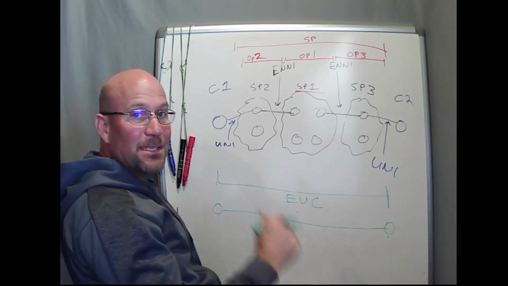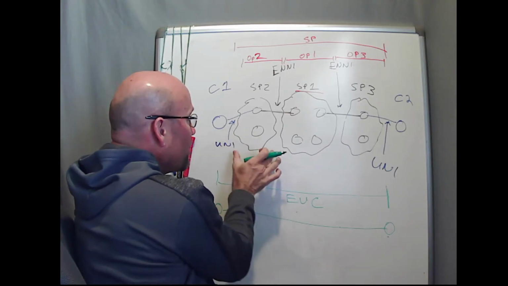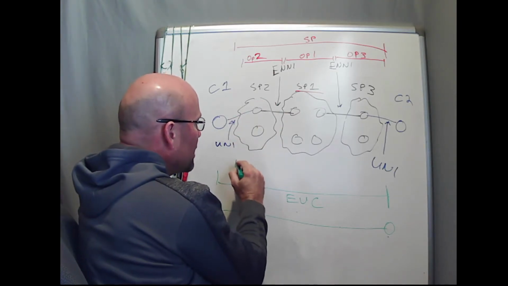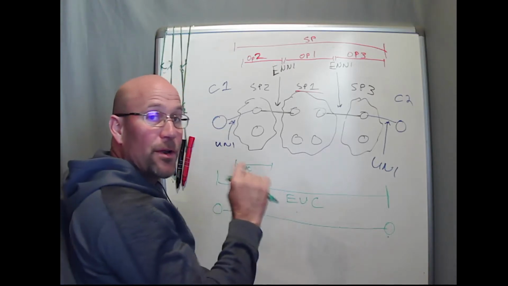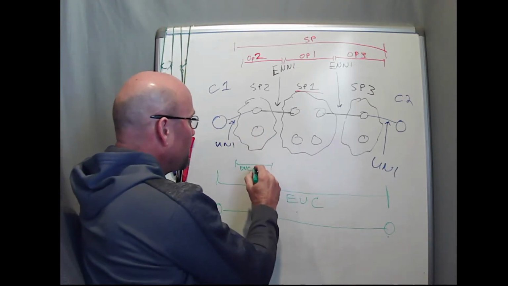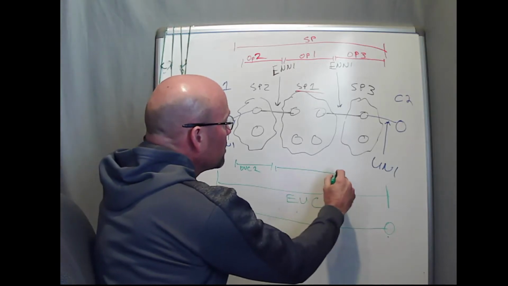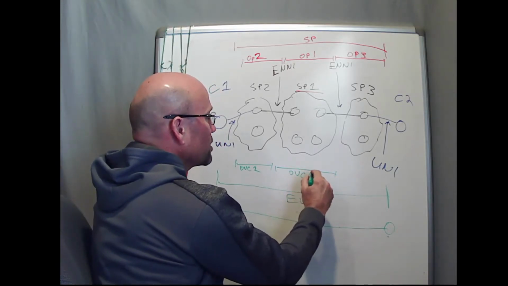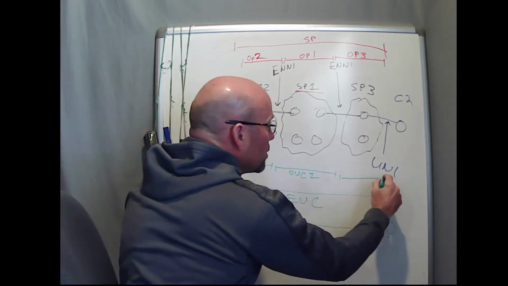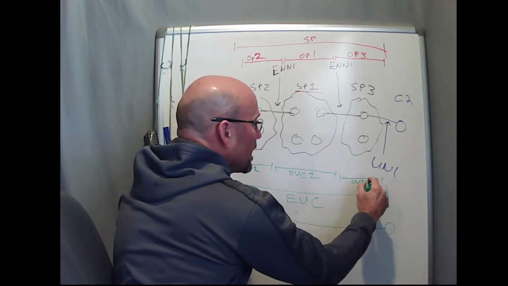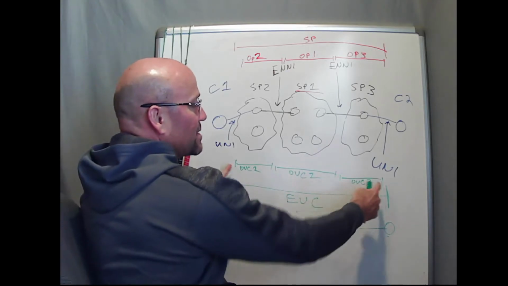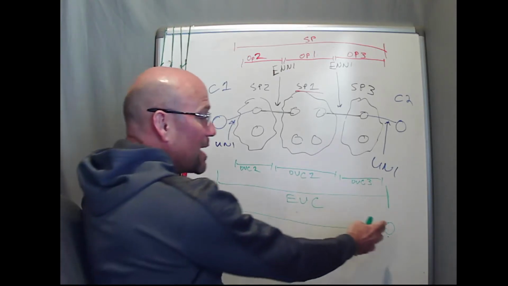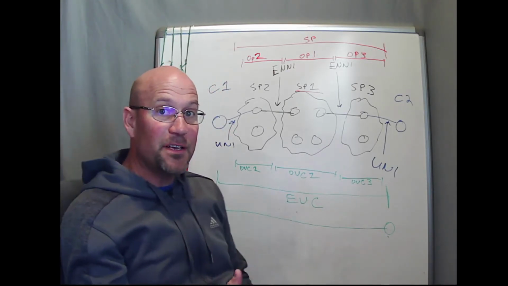Each piece that makes up this overall EVC within an operator cloud is known as an OVC: operator virtual connection number 2, operator virtual connection number 1, operator virtual connection number 3. So it takes all those OVCs to make up the totality of the EVC.